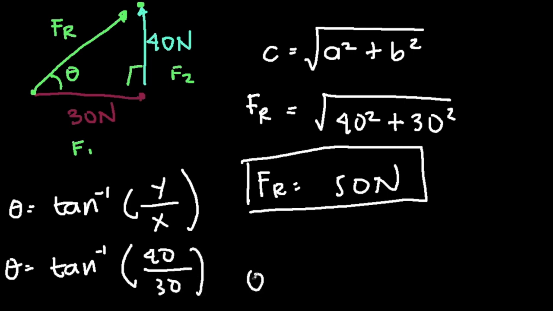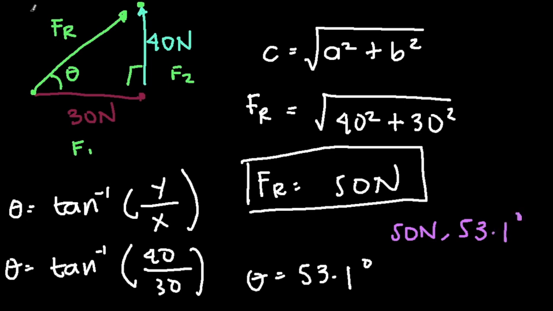So we will have our angle as 53.1 degrees. So your final answer should be reported as, let me pick a color. Your final answer should be reported as 50 newtons with an angle of 53.1 degrees.